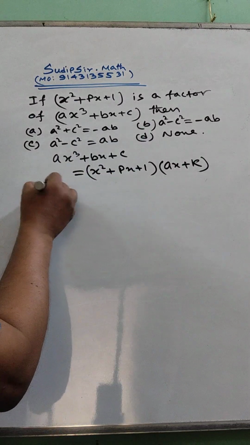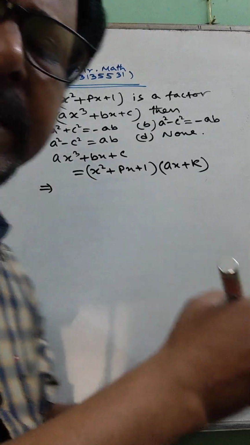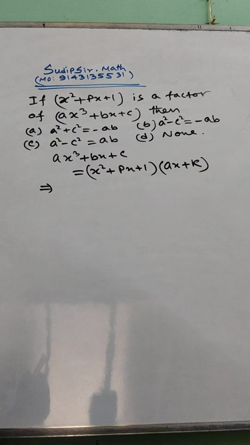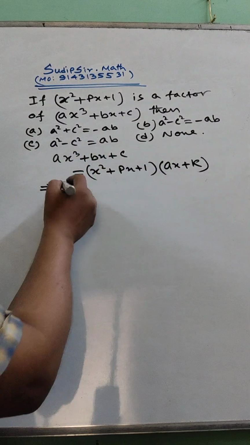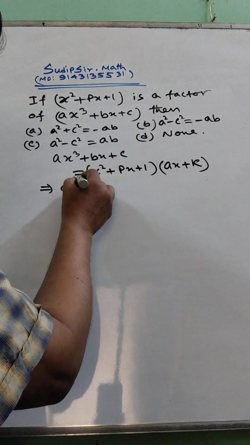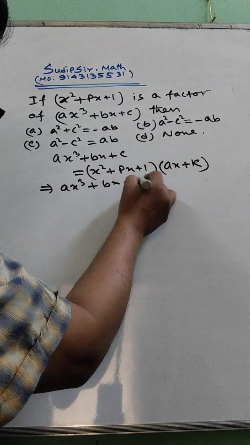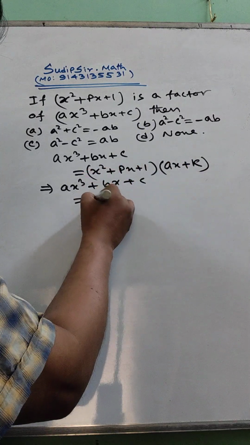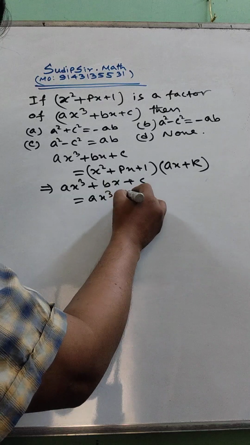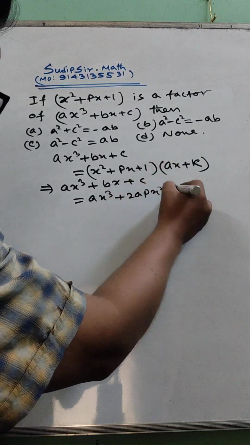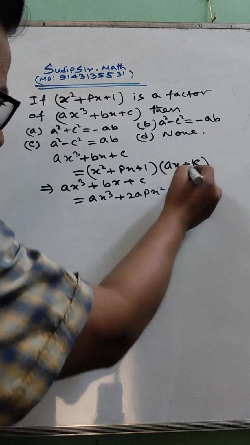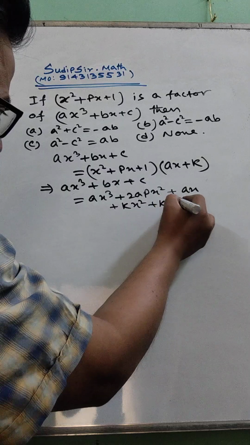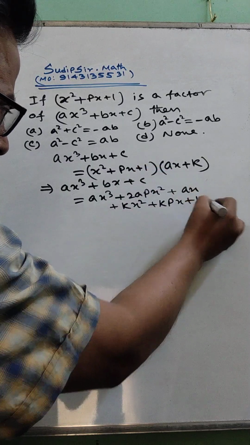Now we will compare the coefficients of powers of x square, x cube, etc., to get the relation and k. Therefore ax cube plus bx plus c equals, multiplying this, ax cube plus apx square plus ax plus kx square plus kpx plus k.